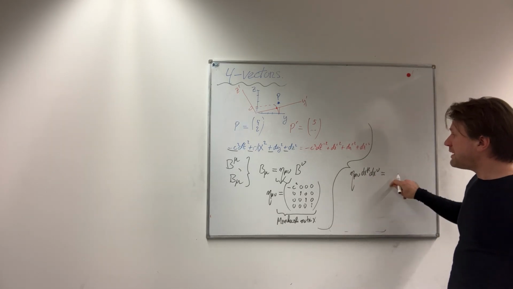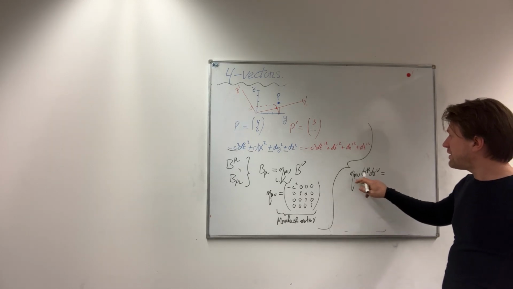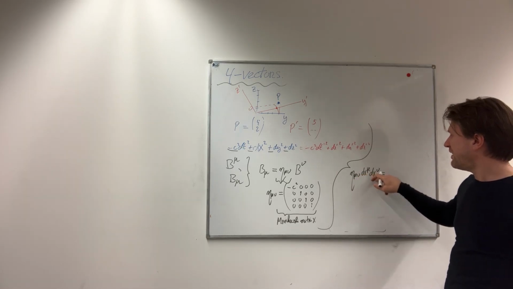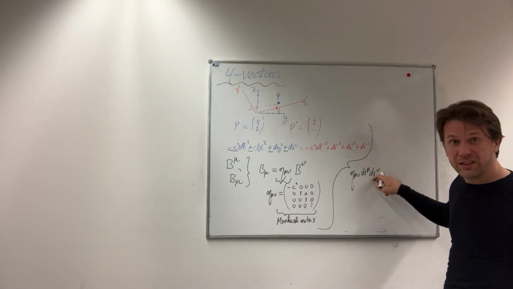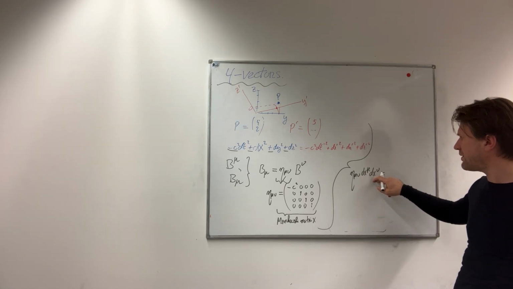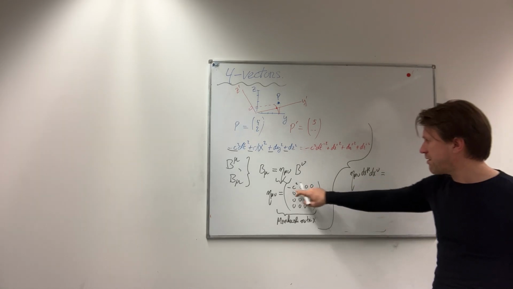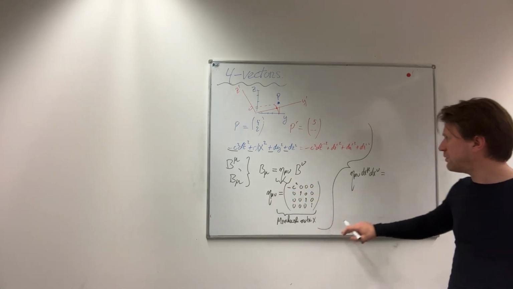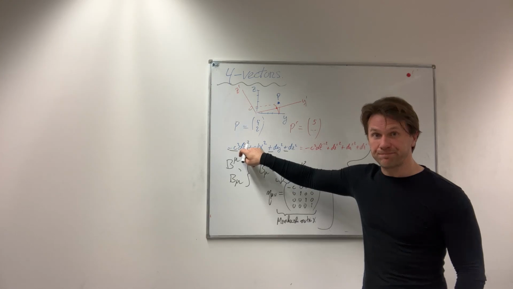If you do this matrix multiplication, it simply means take the 0, 0 part of the two 4-vectors, that was c dt. Well, they're multiplied, that gives you c squared dt squared. Multiply it with this guy's 0, 0 part, which is minus c squared. You're going to get exactly that.